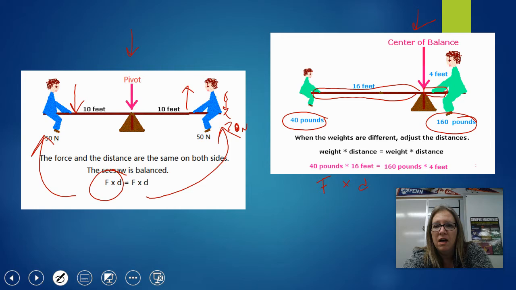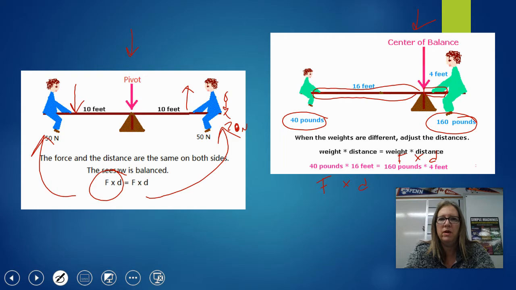If I do the force times the distance on this side, what would that be? Where's my calculator? I should have calculated that out. Let's see. That would give us 640 on each side, and we don't really label it. It's not joules, but it'd still just be referred to as newtons times meters, okay?